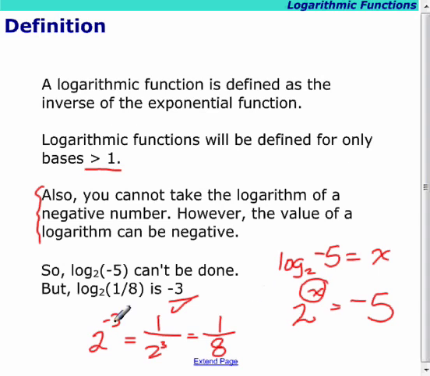Even if this is a negative number, as I've seen over here, I don't get a negative value of the expression. I simply get a fraction with a positive value. And so there's no way I can get a negative. So I cannot take the logarithm of a negative number, but the value of a logarithm can be negative.